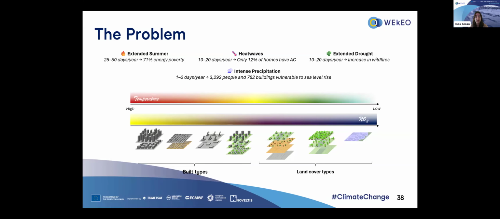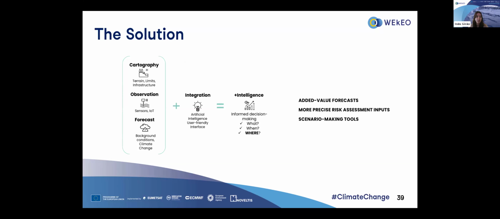So to respond effectively, we need, of course, to have spatial detailed information that captures these structural differences, and that's exactly what Copernicus data can help us on building local climate zone type classifications. So, how do we build a solution that translates this EO data into meaningful localized climate intelligence?